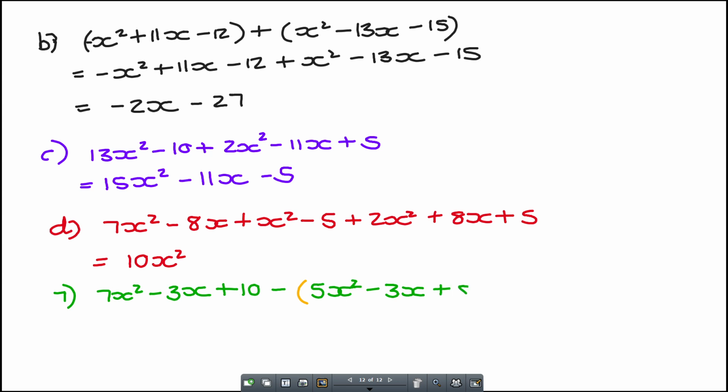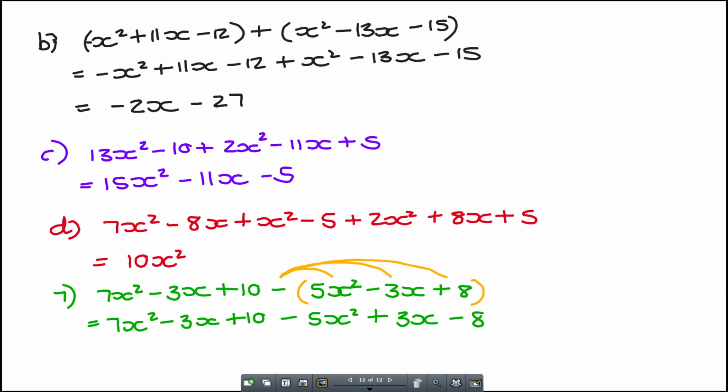So I'm subtracting that. Now, why do we put it in brackets? Because that negative in front is now going to influence everything inside that bracket. So this will now become minus 5x squared plus 3x and minus 8. Do you guys understand? Because I'm multiplying in.